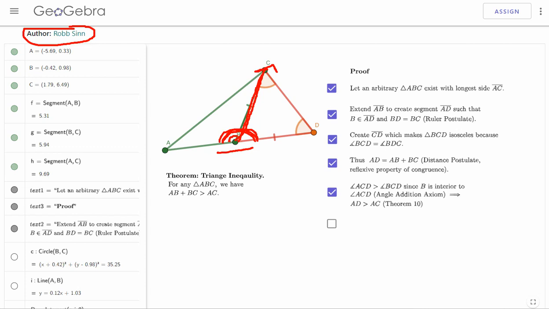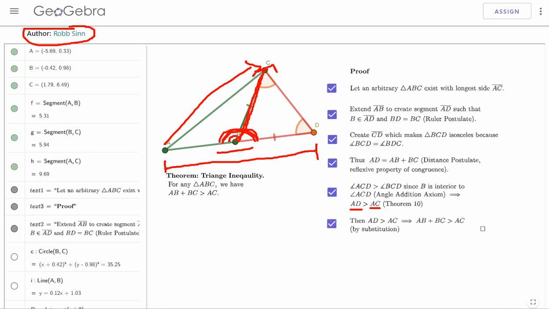Okay, so we know that AD is greater than AC. So we know that this big distance from A to D is bigger than this smaller distance from A to C. And then we are almost done, right?